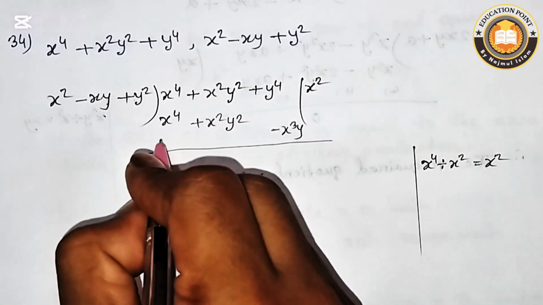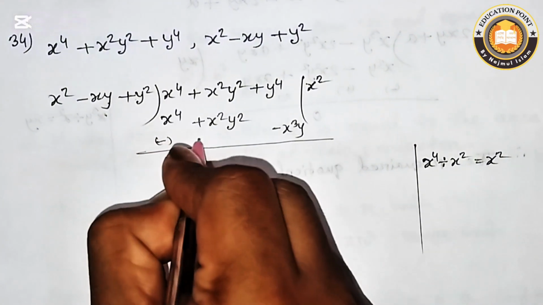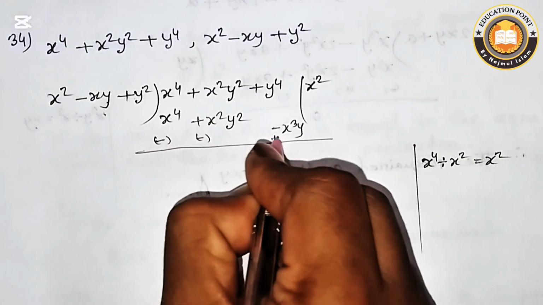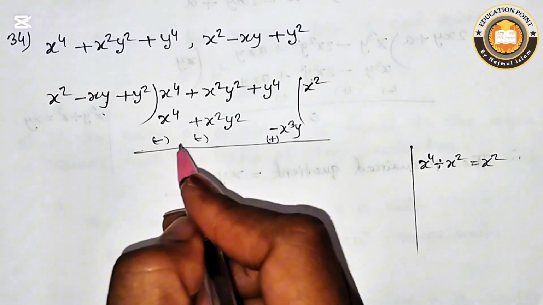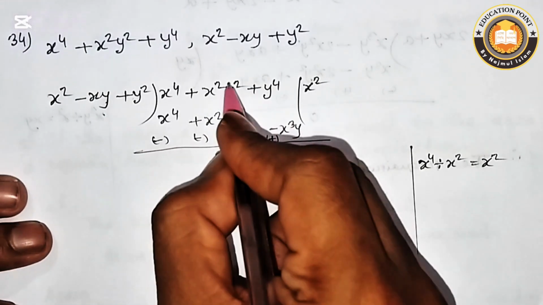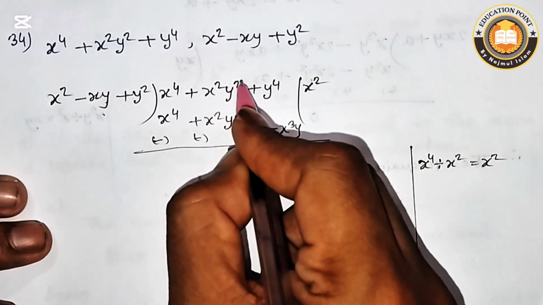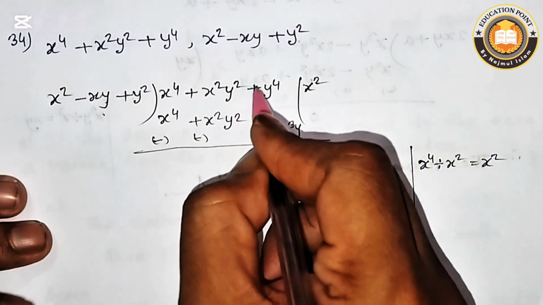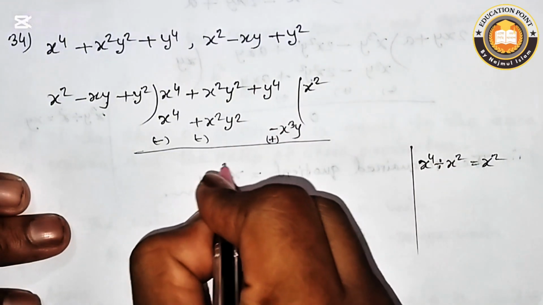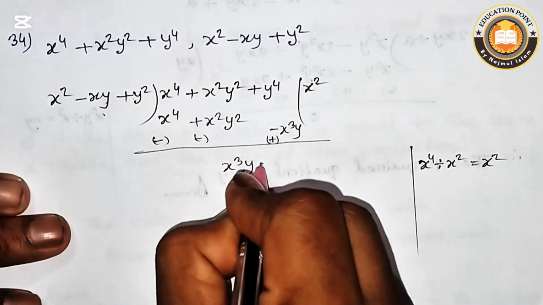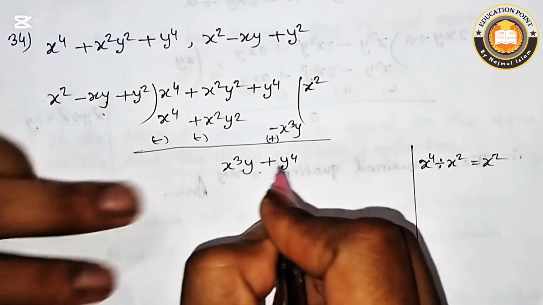According to the division law, their sign will be changed. Plus x to the power 4 minus x to the power 4 equals 0. Plus x square y square minus x square y square equals 0. Now we can write x cube y plus y to the power 4.